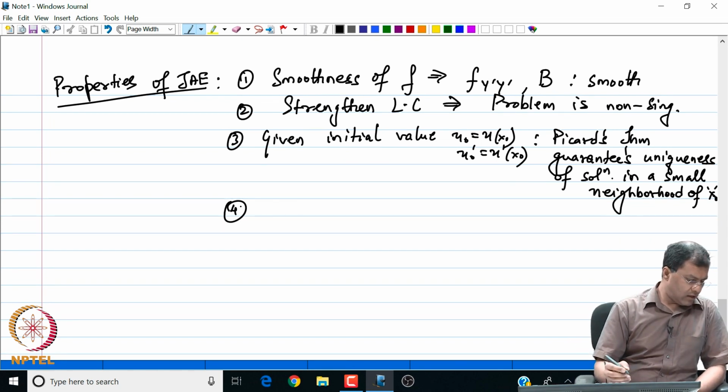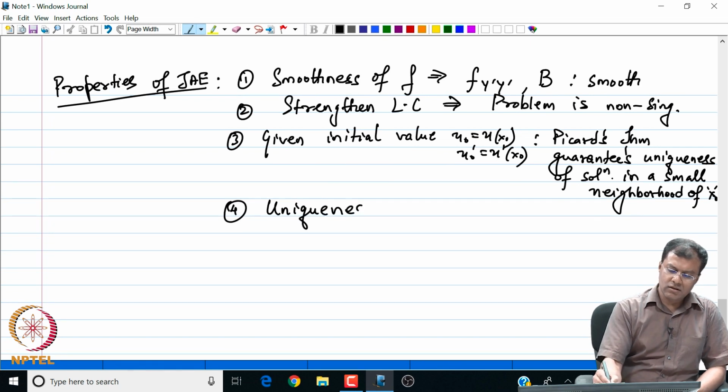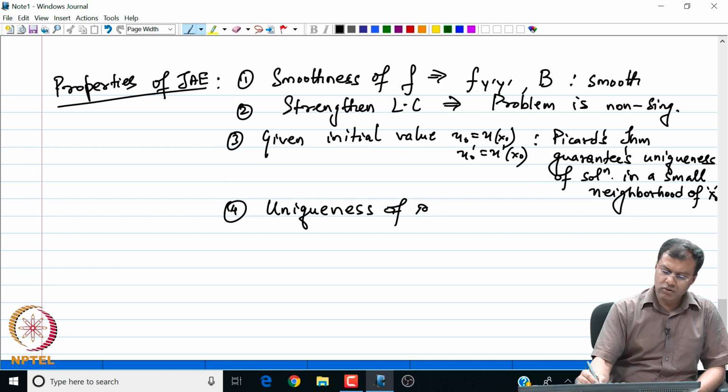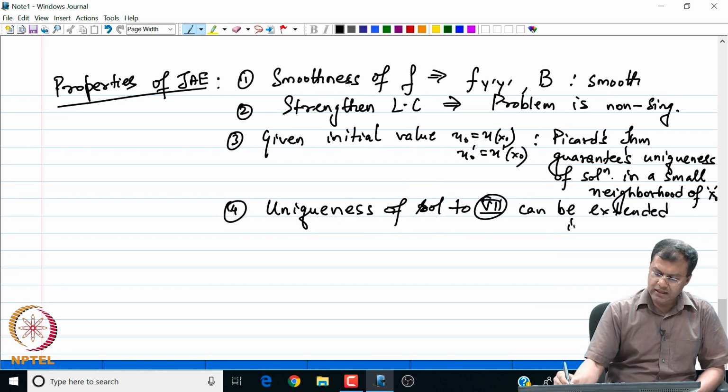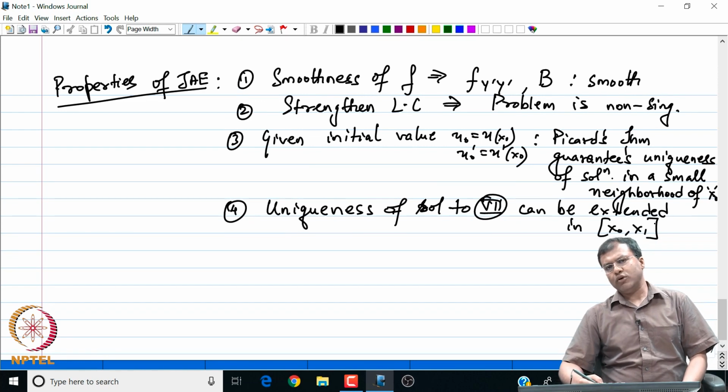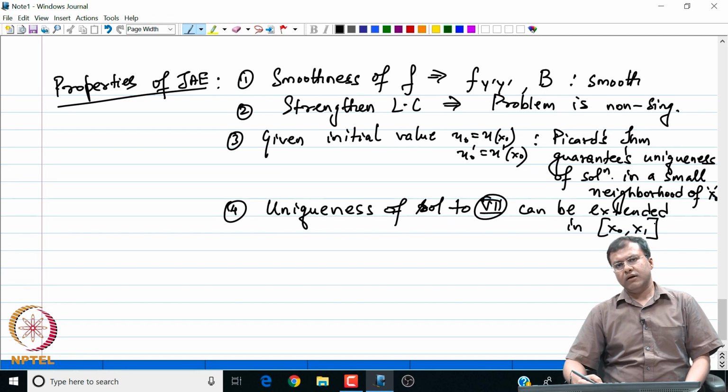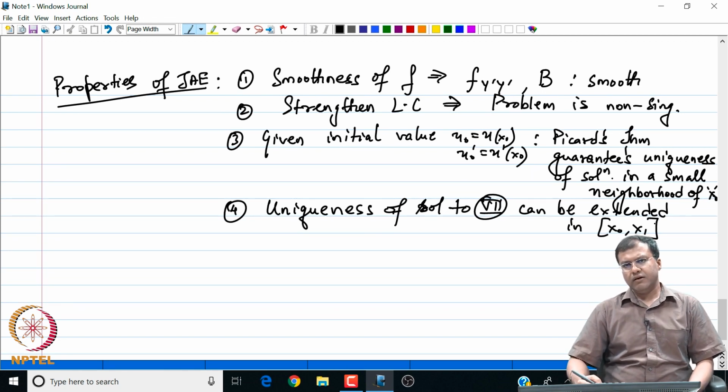So, the uniqueness of the solution to our equation 7 can be extended in the entire interval x naught to x1 via the standard arguments of continuity as well as continuous differentiability of the solution. The solution that we are solving will be continuous because the coefficients of the ODE are continuously differentiable.